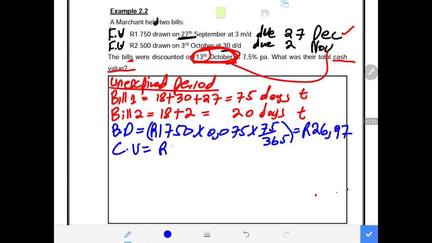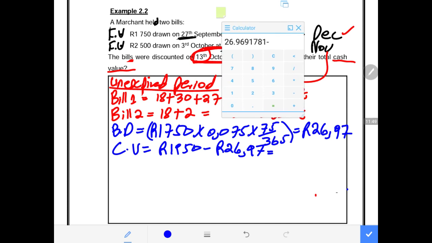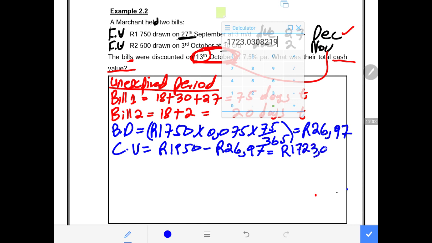And remember, the cash value will be 1,750 minus the interest the bank will charge, because the bank will say, no, I can't give you the full amount because I will receive this amount of 1,750 after 75 days. So the difference between the banker's discount and the face value, which is 1,750, will be the cash value. That means for the first bill, the merchant will receive 1,723 rand 3 cents.